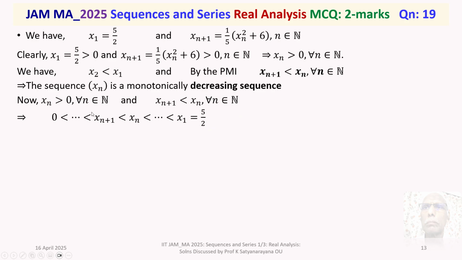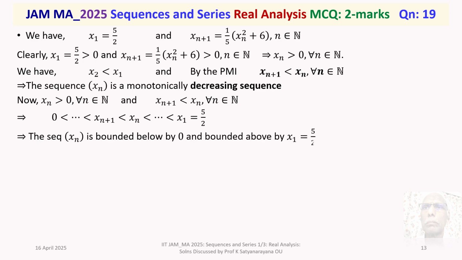So thus, the sequence is bounded below by 0, bounded above by 5 by 2. So the sequence is both bounded below and bounded above, therefore it's a bounded sequence.